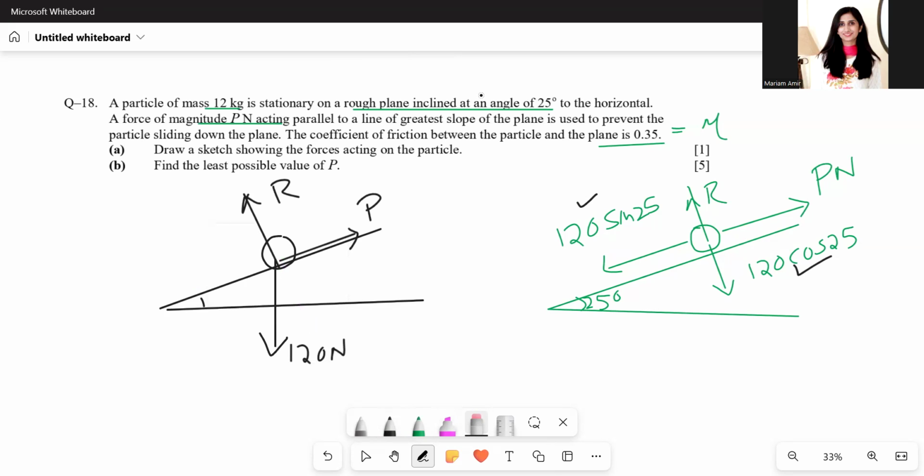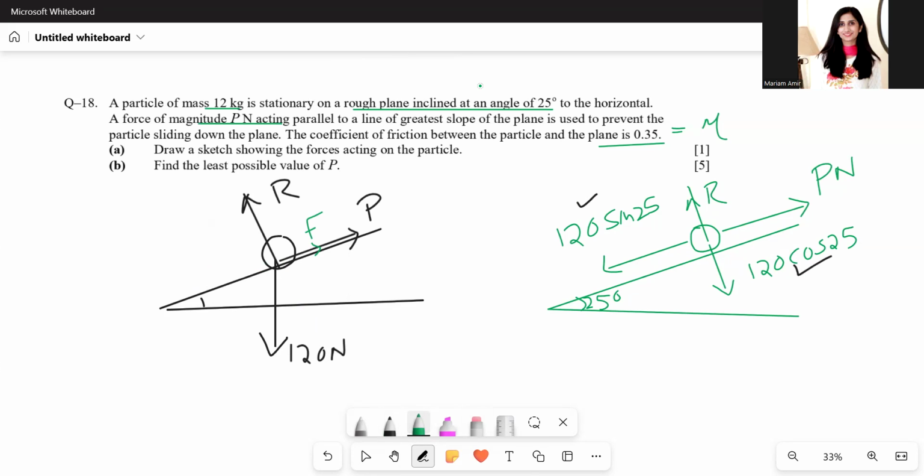We don't know if the friction will be towards the upper side or towards the lower side, so the marking scheme accepted both. So you could draw mu R friction, where friction is represented by F here, or you may not show any force here and draw the friction here. We can draw it on either side. Okay, part A is done.